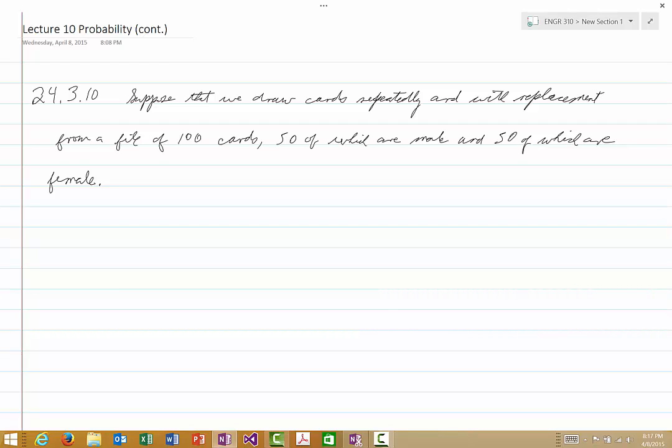And so the question that we want to solve is this: what is the probability of obtaining the second female card before the third male card?